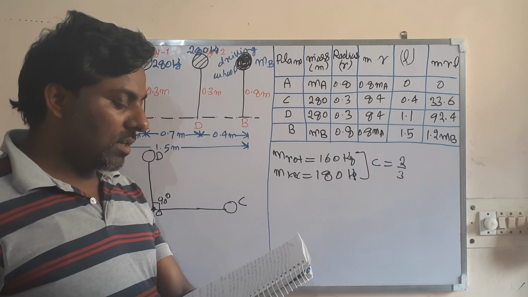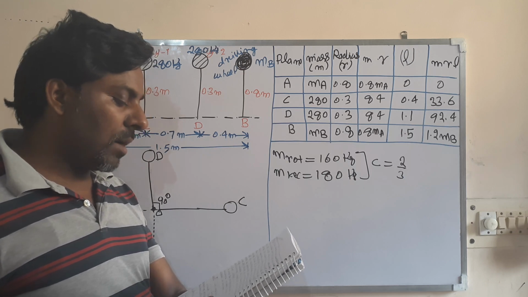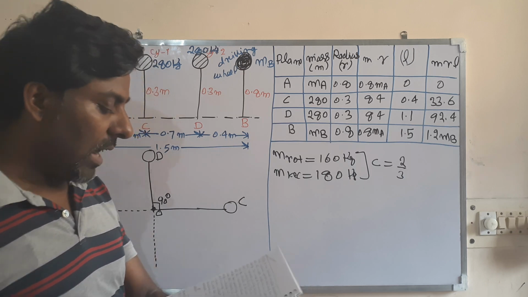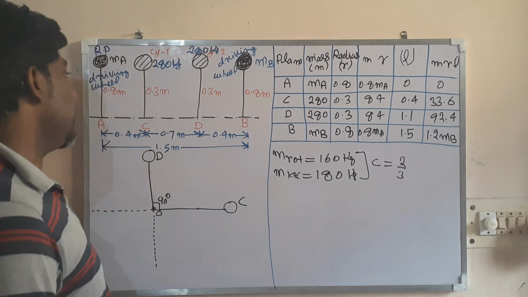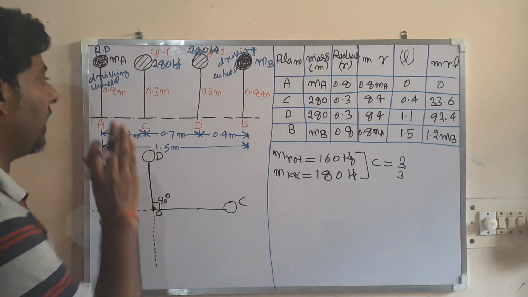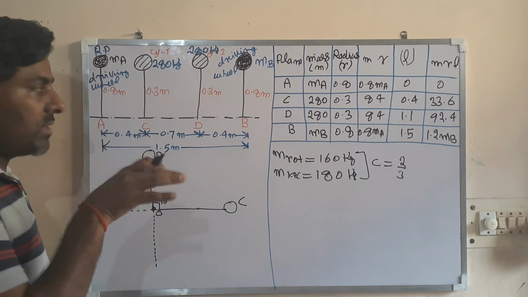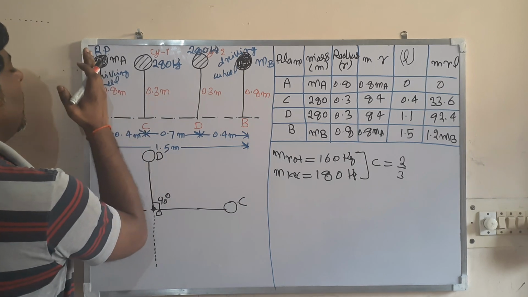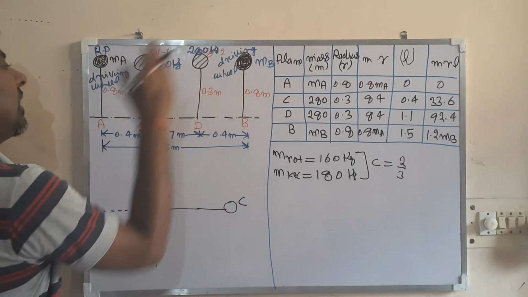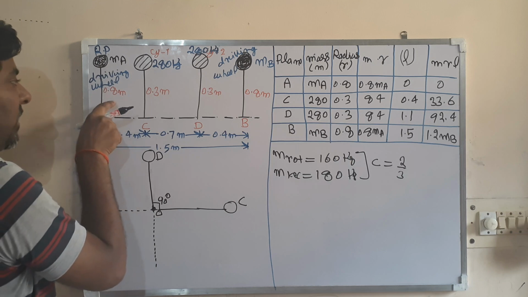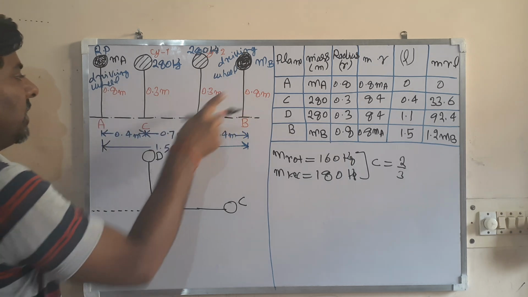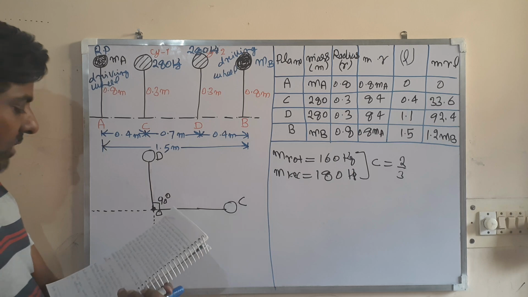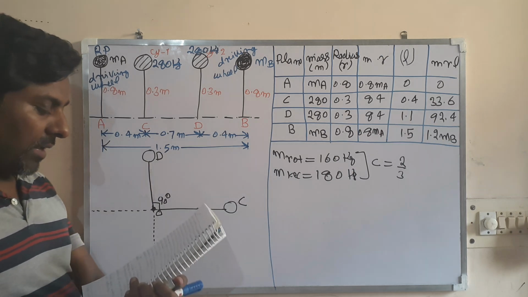The balancing masses are to be placed in the plane of rotation of the driving wheel, that is in A and B, at a radius of 80 centimeter, that is 0.8 meter.